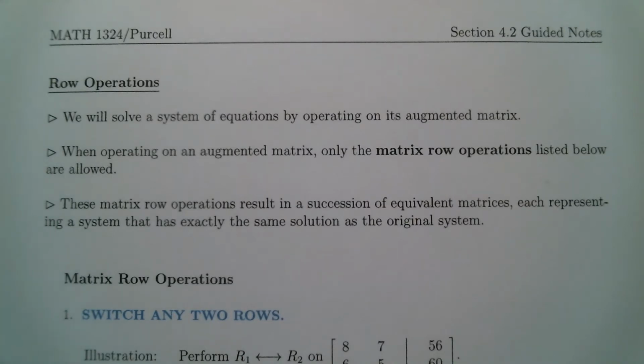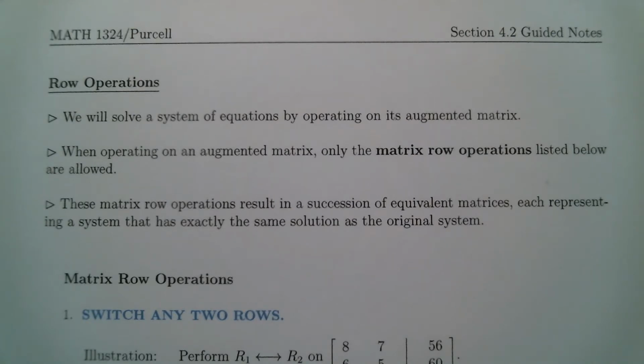Okay, so one more time, when you get your system of linear equations, you are going to translate it into an augmented matrix. Then you're going to use these 3 row operations that we are going to talk about to operate on the initial augmented matrix, okay? That is going to produce a series of different matrices.